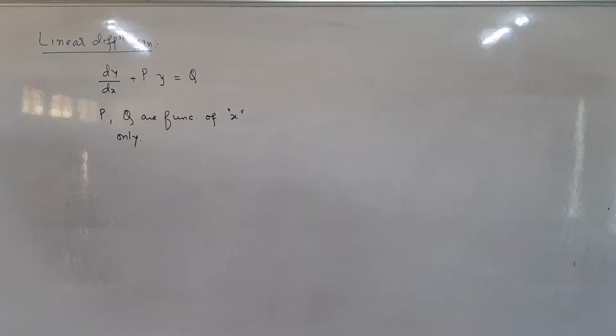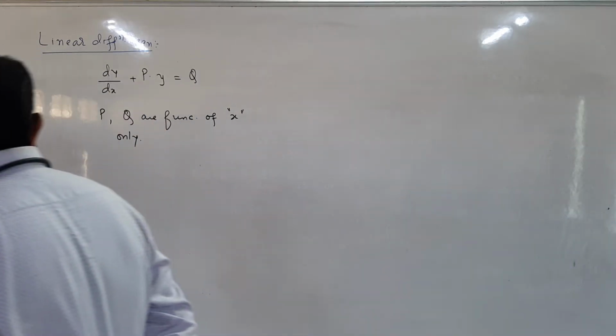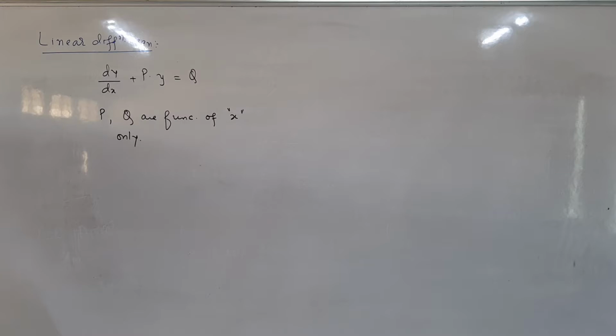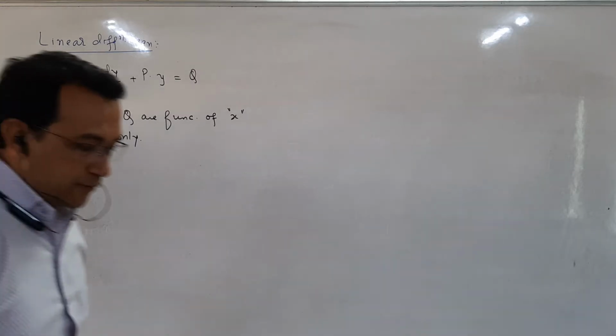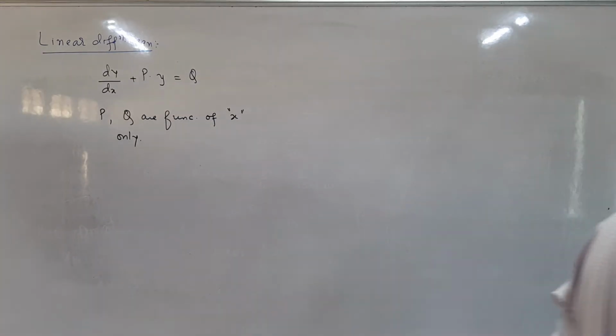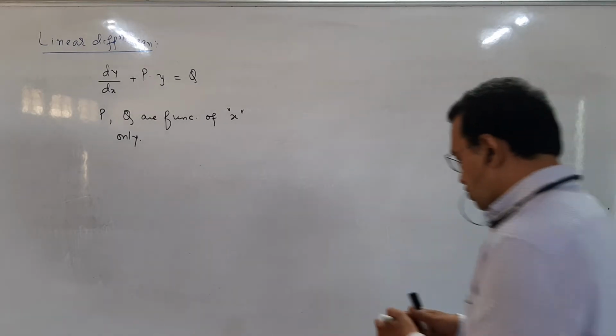Students, a differential equation of the type dy by dx plus p into y is equal to q, where p and q are exclusively functions of x, is called a first order, first degree linear differential equation.